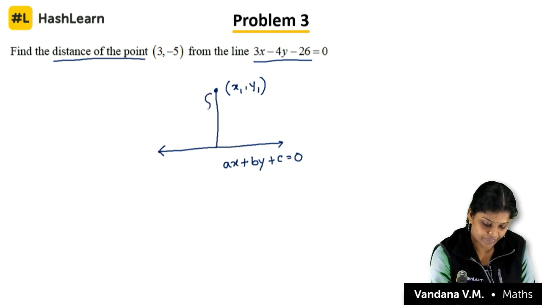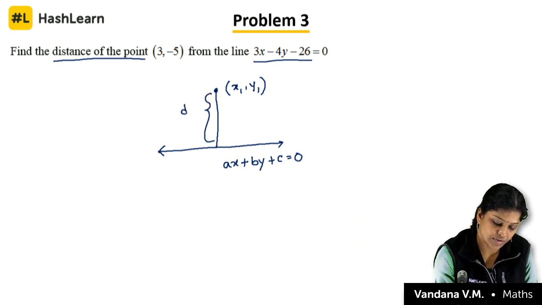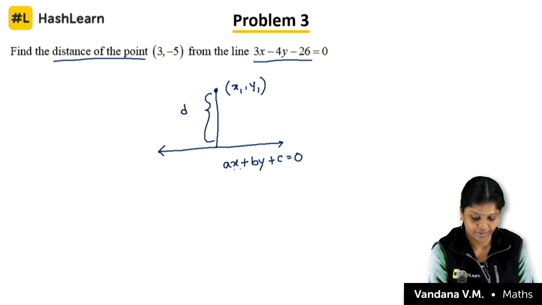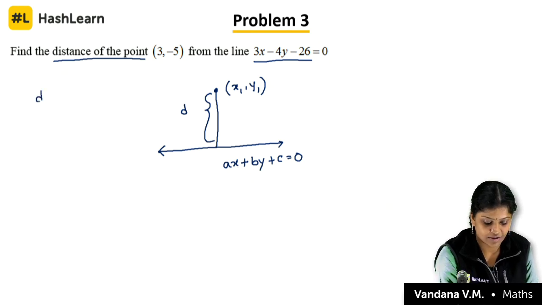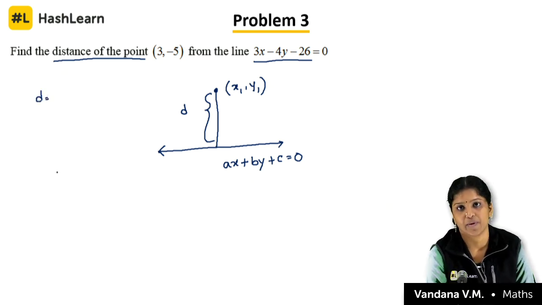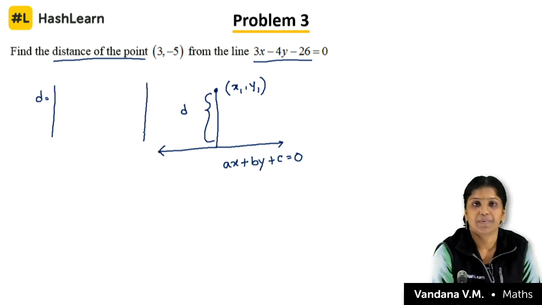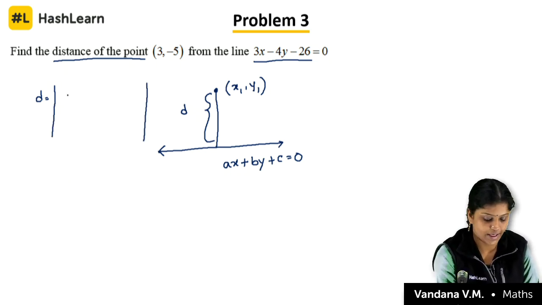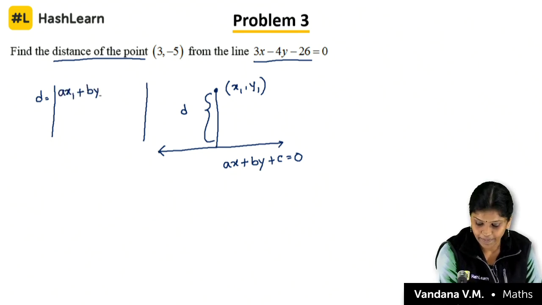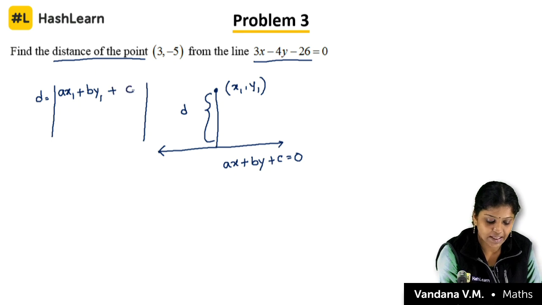Now I would like to find this distance. The distance will always be positive, so because of that, the formula is modulus of (ax1 plus by1 plus c) divided by root of (a square plus b square).